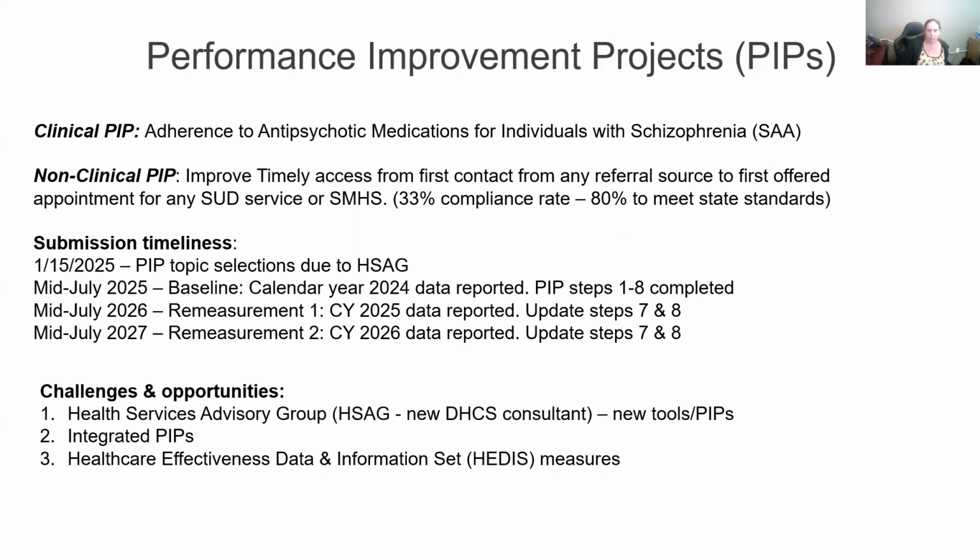So I anticipate that we're going to do the best we can to meet this requirement. But the biggest challenge is really determining our HEDIS numerator and denominator, which are required components of these PIPs. And then once we've measured how bad it is, we can start getting creative about what we're going to do about that.